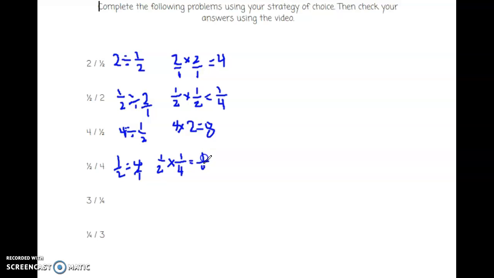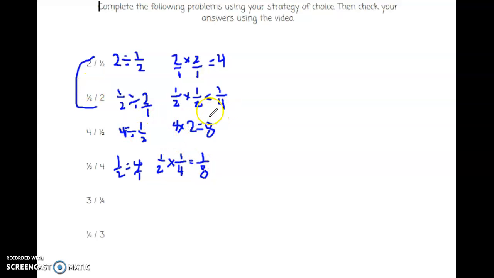Now before we go on, I want you to take a quick look at these two problems. They're kind of related because you're starting with your whole number and you're dividing it by halves. So how many halves are in 2? There's 4 halves. And this one is saying how many 2's are in 1/2, and there's 1/4 of the whole number 2 in 1/2.